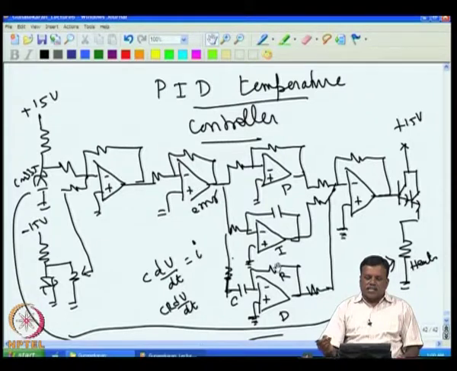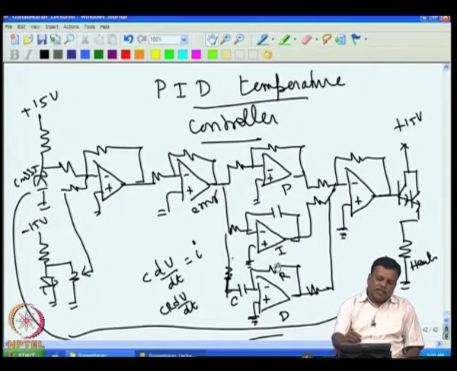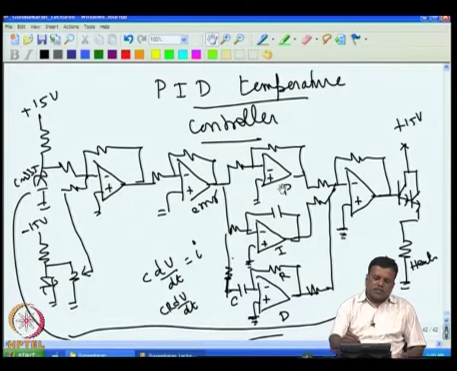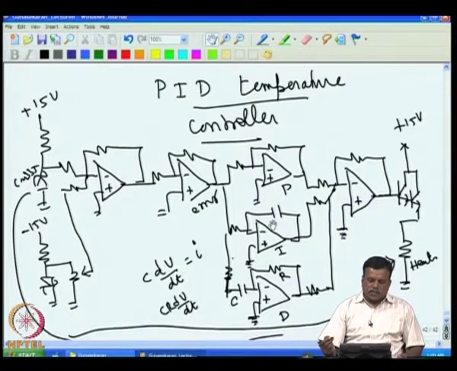So, one has to scale it up the same way as I had shown in the example for proportional gain. Only that scaled time constant should be used here, not the temperature time constant, as I had explained. So, this I can explain to you later.